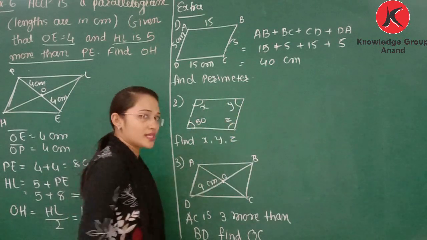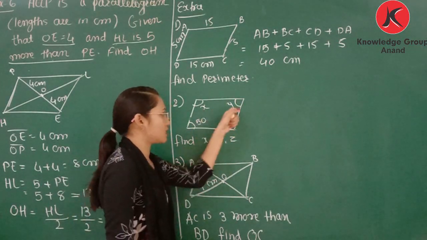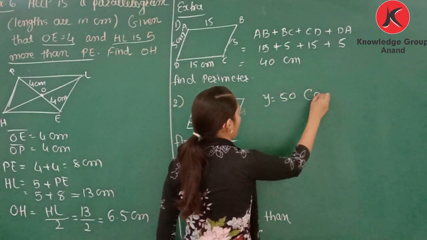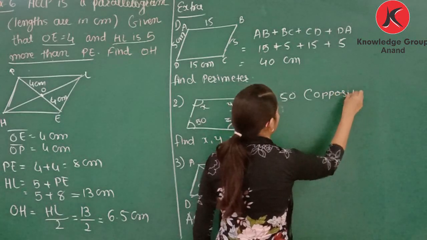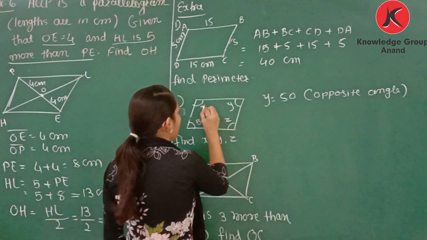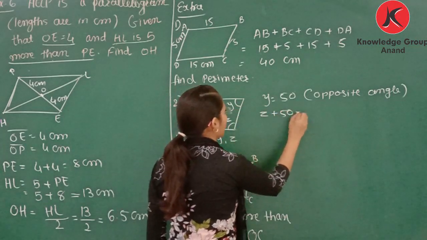Find the angle XYZ. Okay. So if we want to find angle Y, then it is same as 50. So Y is equal to 50. Reason: opposite angles. Then z plus 50 is equal to 180.